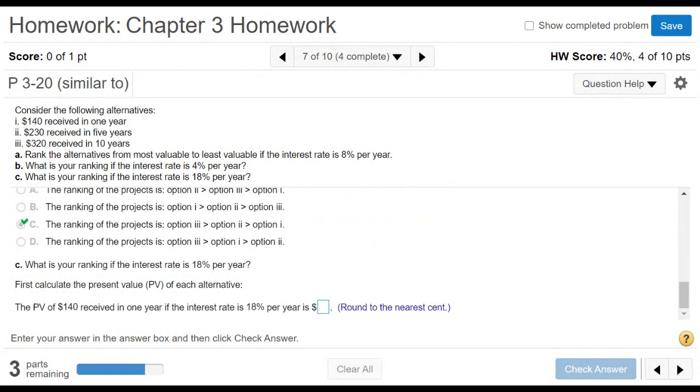So let's do the first one at 18%. First year. $118.64.